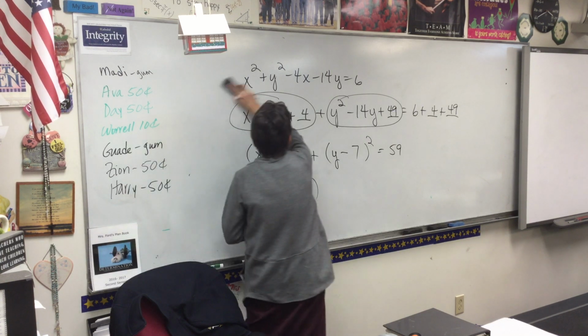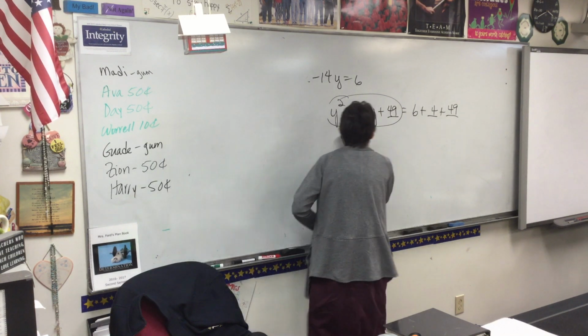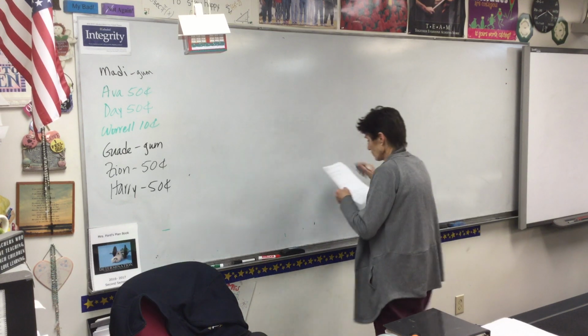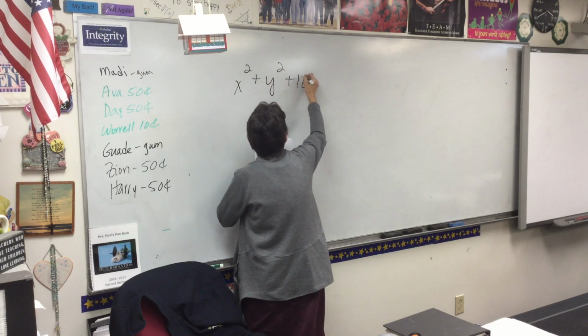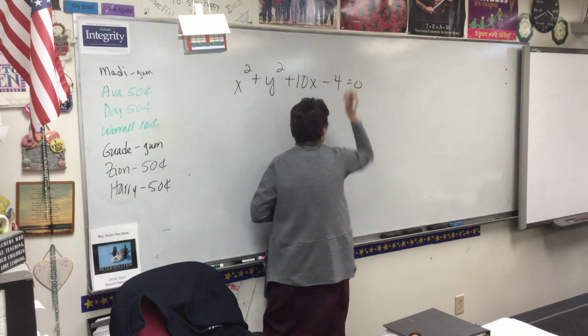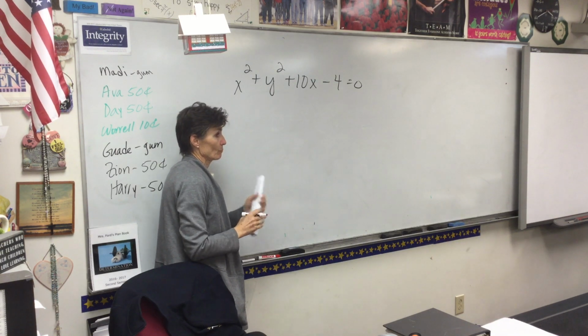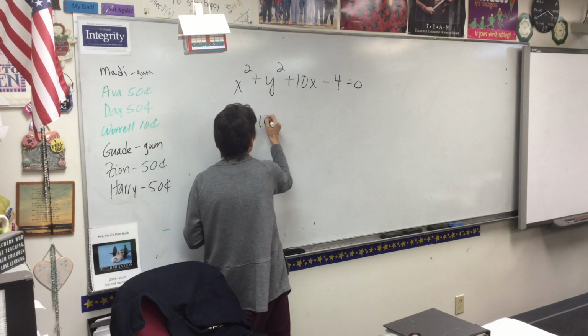Okay, so now we'll do the next one, which is exactly the same kind of problem. Find the center and the radius. So what are you going to do first when you look at this one? Got to move it around a little bit. So we'll have x squared plus 10x.